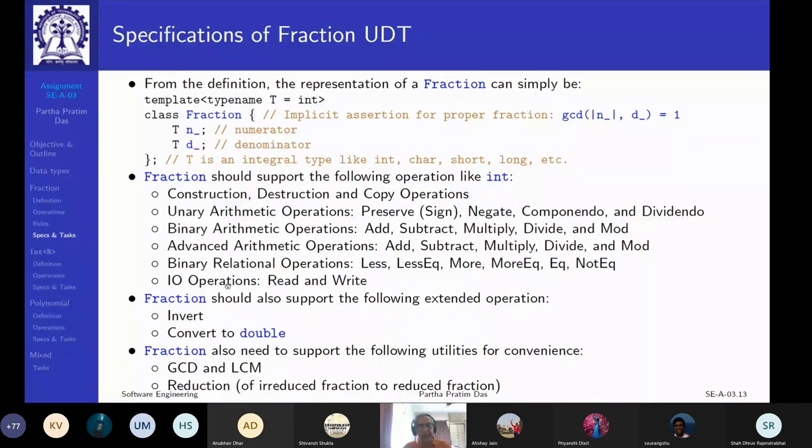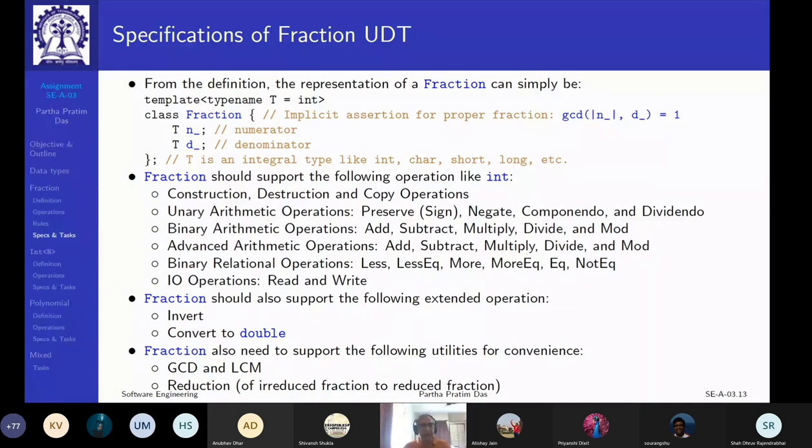In addition, I could do some extended operations like invert. I just talked about invert, and conversion to double, which is natural. So any fraction should be convertible to double, so I should have a conversion to double operator as well.